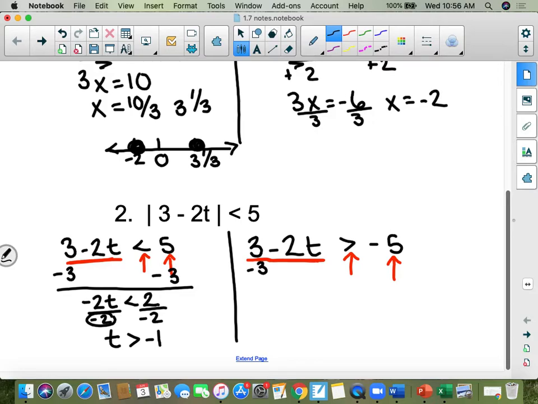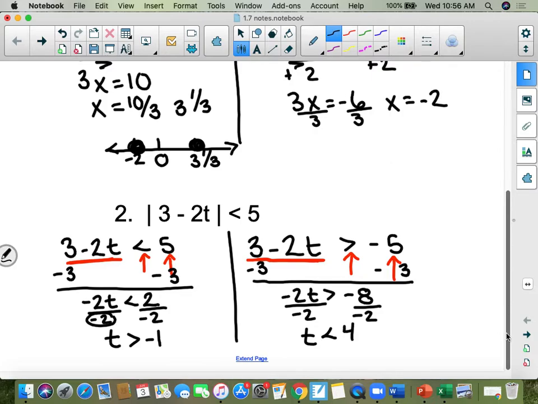Subtract 3 here, subtract 3 here. I'm going to have a negative 2t is greater than a negative 8. I divide both sides by a negative 2. Again, I divided by a negative 2, so I have to switch my sign to less than. A negative 8 divided by a negative 2 is a positive 4.